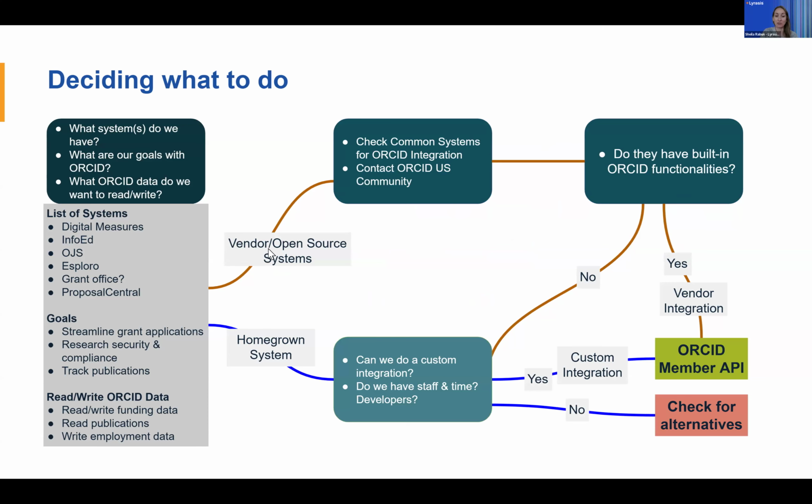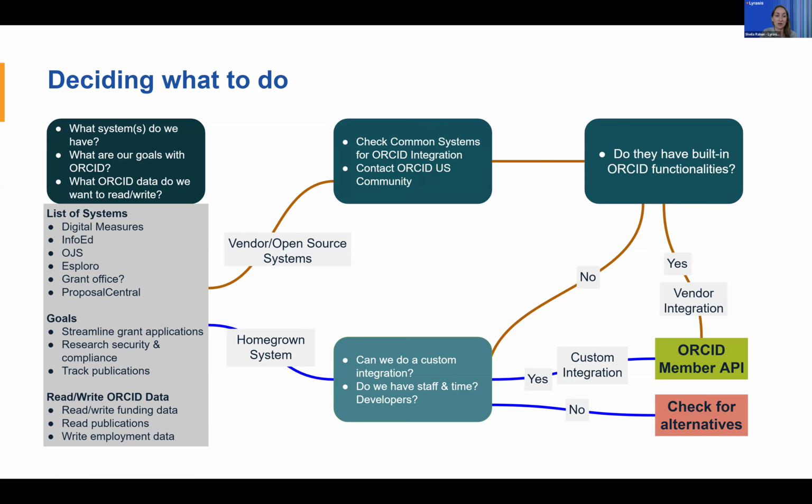So you can start by looking at any vendor or open source systems that you're using, check the list, see if they're integrated with ORCID or not. If they're not, you might want to do a custom integration. Or if you're using any homegrown systems, that's another pathway where you might want to do custom integration. And of course, we'll be sharing the slides after this session so you can look closer at this decision tree.